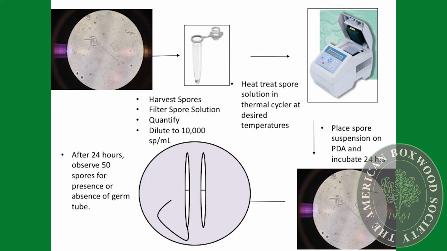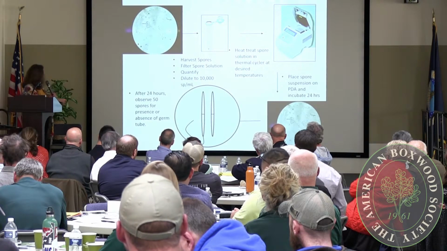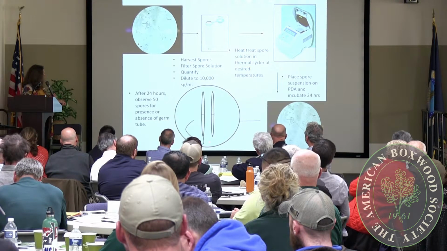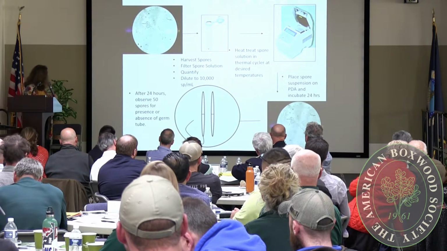He would collect spores, and he would put them into solution and then insert them into a thermal cycler that's ordinarily used for DNA studies, and treat them at a particular temperature for a particular amount of time, plate that out on agar to get the growth, and then examine whether or not spores had germinated, which means looking at those 2-celled spores and seeing if you've got something coming out of one end or the other.